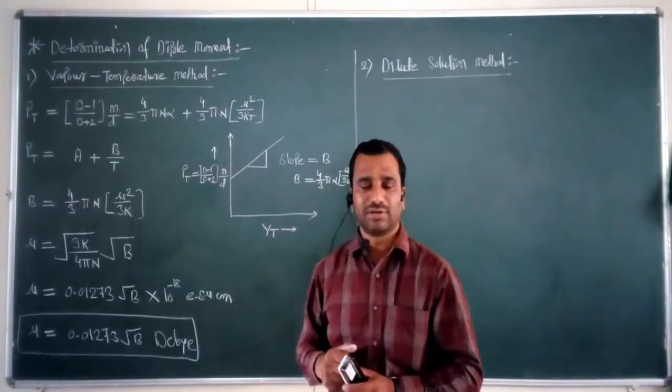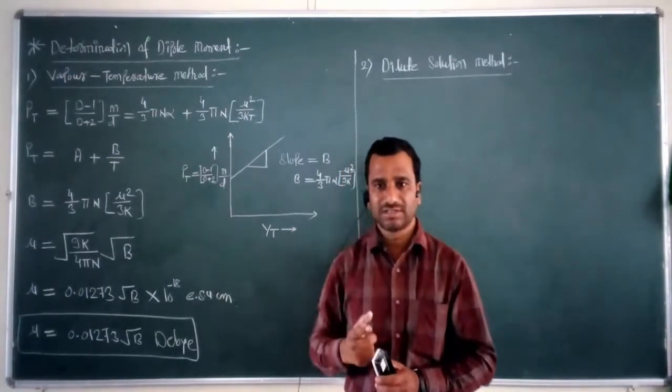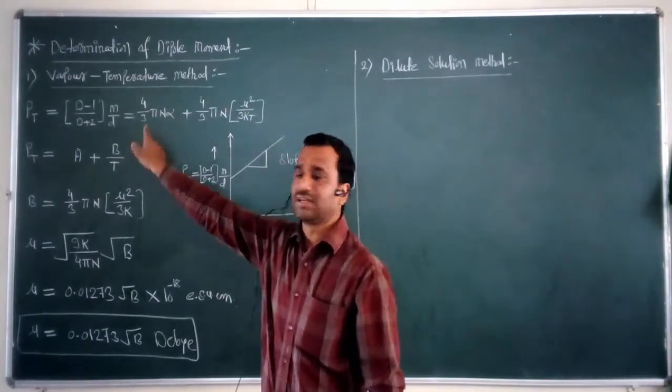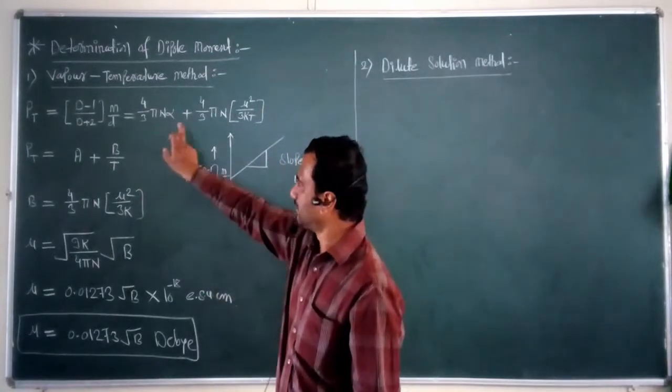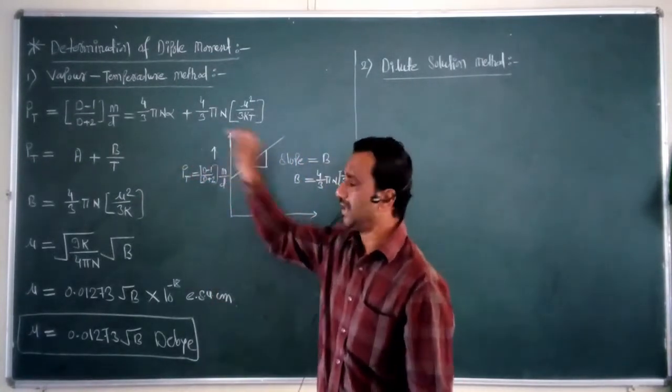In this method, what do we have to take into consideration? We have to take this final equation to calculate the molar polarization, which is nothing but the Debye equation.